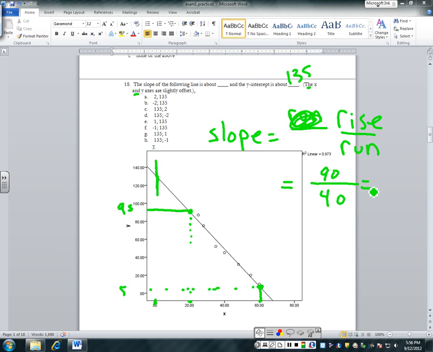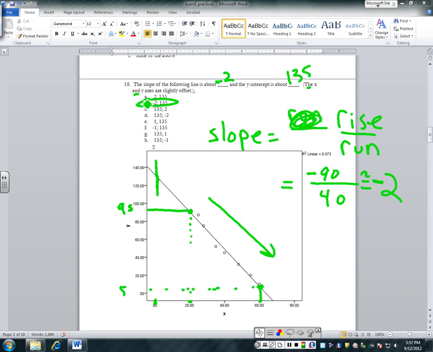Well, that's a little bit over 2, but of the numbers that I have over here, I have just a choice between 1s and 2s. And it's a minus 2. I should have said the rise really isn't a rise here, it's a drop. We're going from 95 to 5, so we're going down, so the slope is going to be negative. And that was the first one on here, so we find negative 2 and 135.